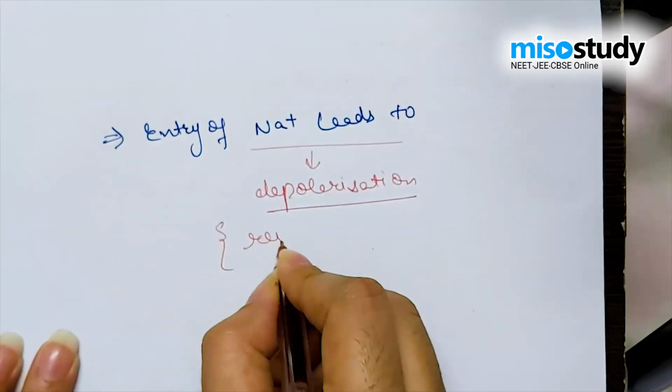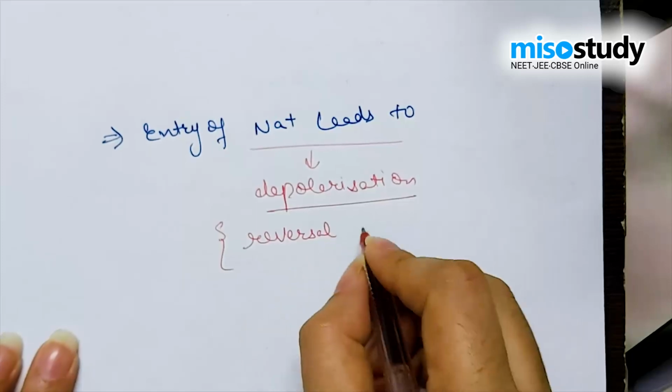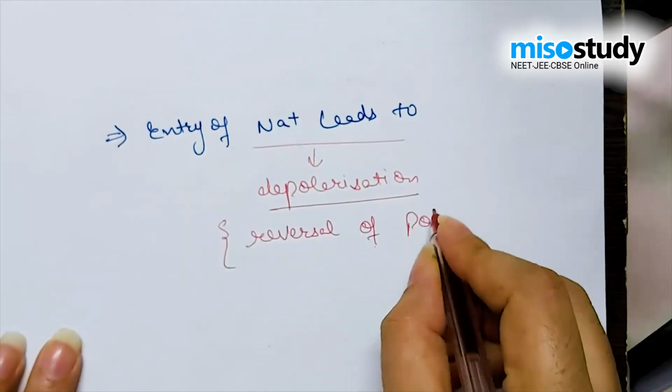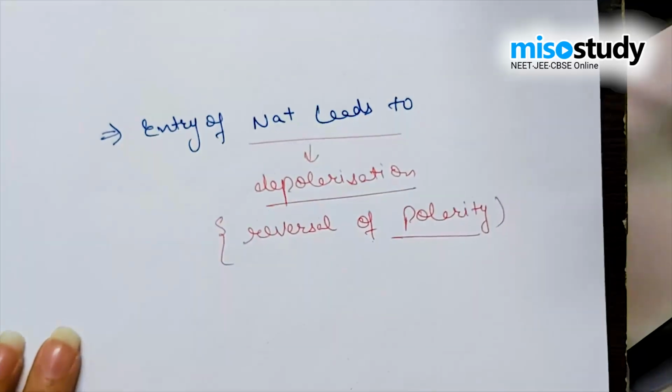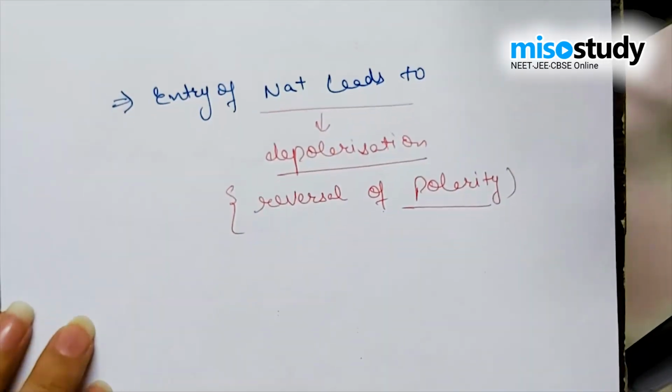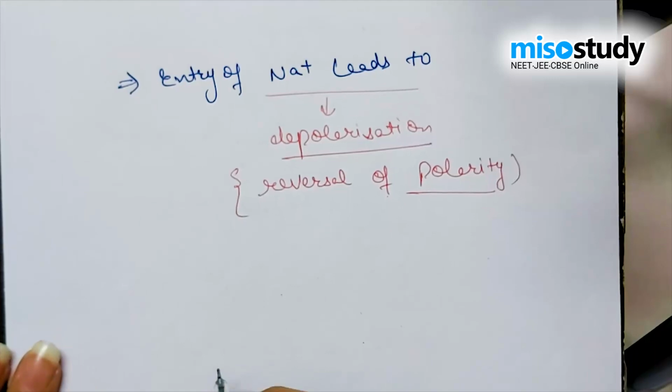Depolarization is also known as a reversal of polarity of the nerve membrane.